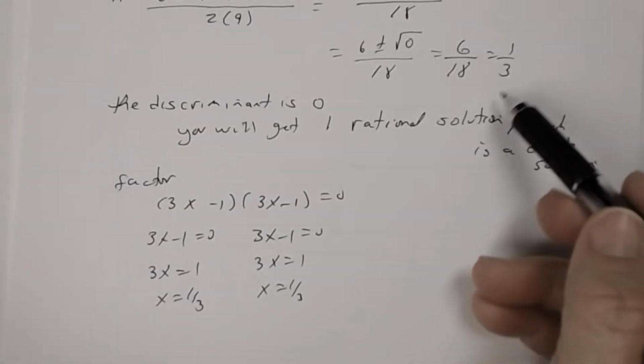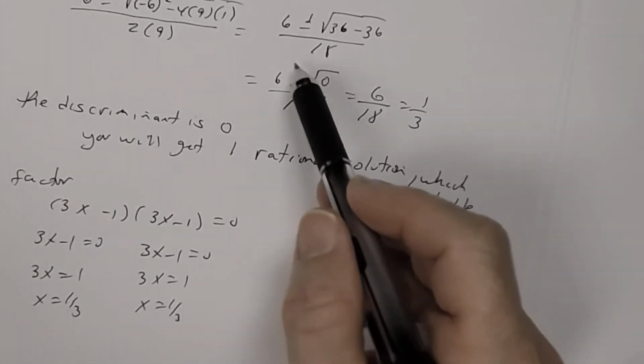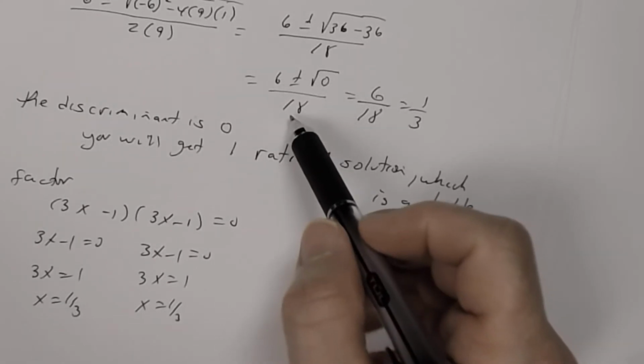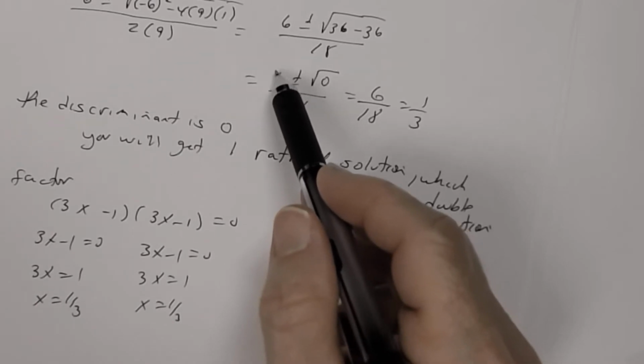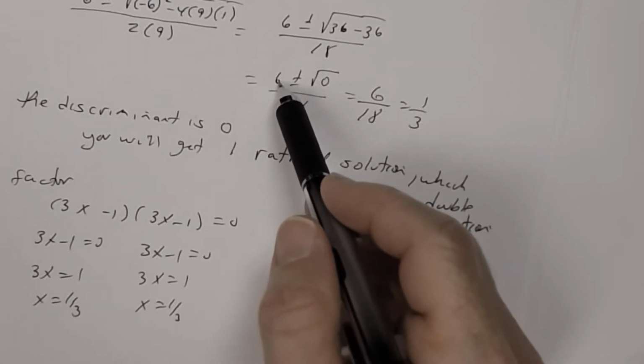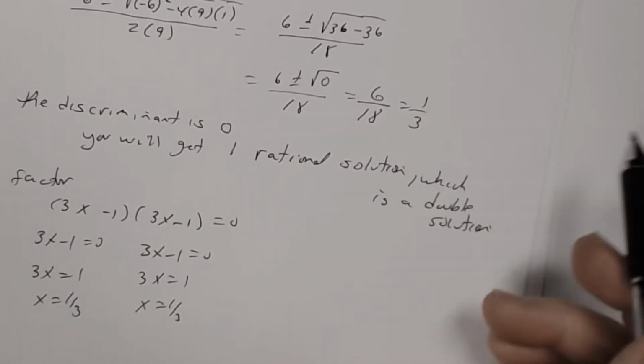Kind of makes sense because when we did this, remember A, B, and C are real numbers, so a real number divided by a real number is still a real number. And A, B, and C in our case were integers, and so an integer divided by an integer is going to be a rational number.